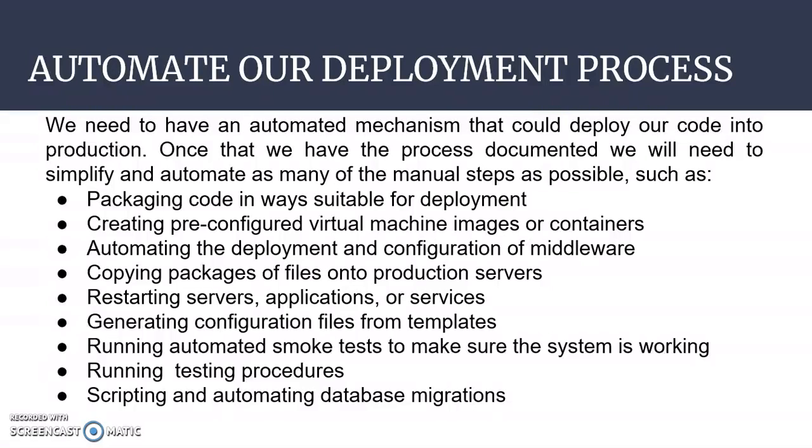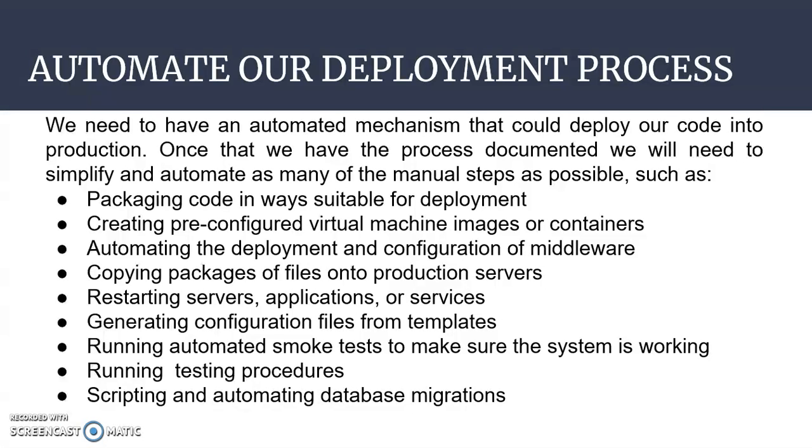Once we have the process documented, we will need to simplify and automate as many of the manual steps as possible, such as packaging code in ways suitable for deployment, creating pre-configured virtual machine images or containers, automating the deployment and configuration of middleware, copying packages of files onto production servers, restarting servers, applications, or services, generating configuration files from templates, running automated smoke tests to make sure the system is working, running testing procedures, scripting, and automating database migration.